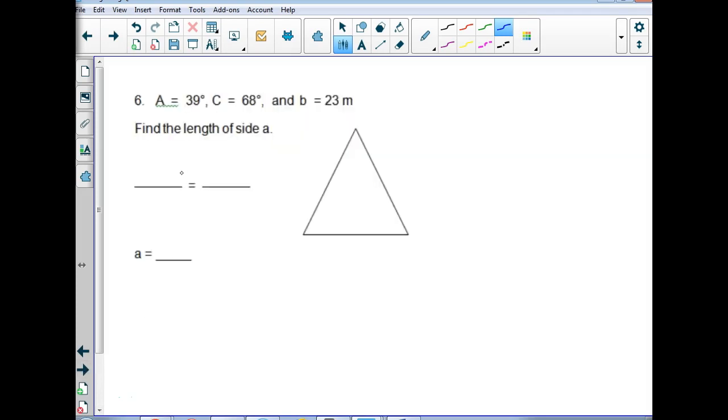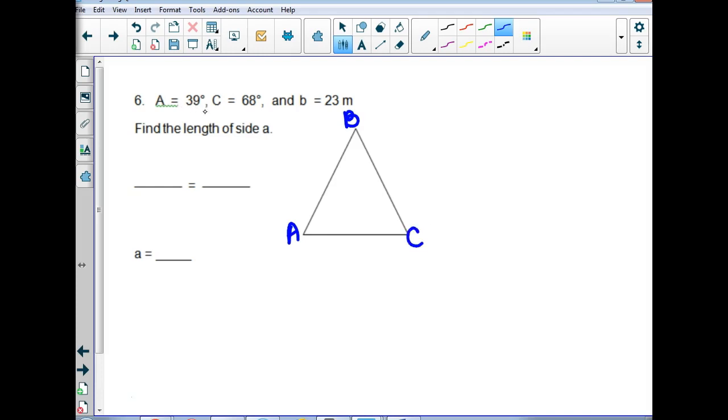Okay, number 6 is giving you some information, and then you have to determine whether you're to use law of sines or cosines, but this one's giving you hints. On the quiz, there will be sort of hints, I guess. Find the length of side A. Well, I'm just going to label this generic triangle ABC.